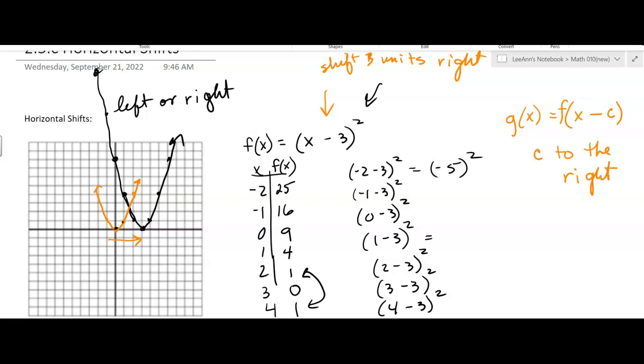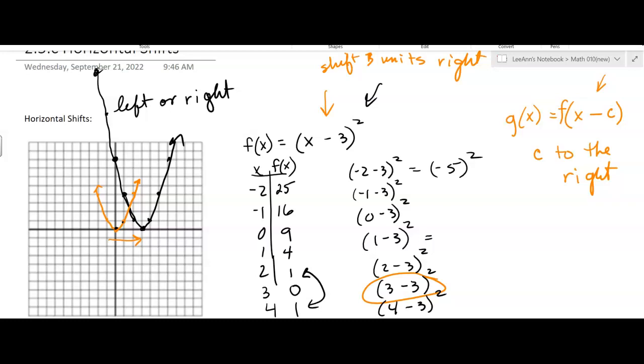So if you have a function and before you apply the function you're subtracting a number, that's going to shift it to the right. What's happening is you're actually moving your origin over to where, in this case, it was 3 minus 3, because that's when you get the 0. And that's where the parabola starts changing from decreasing to increasing.